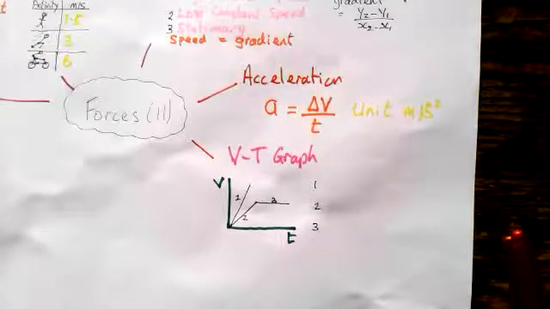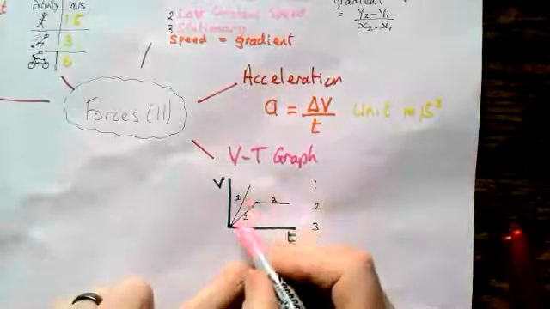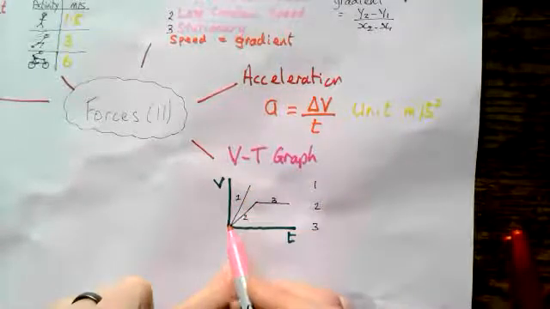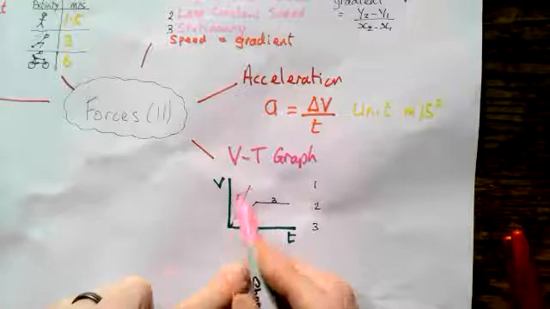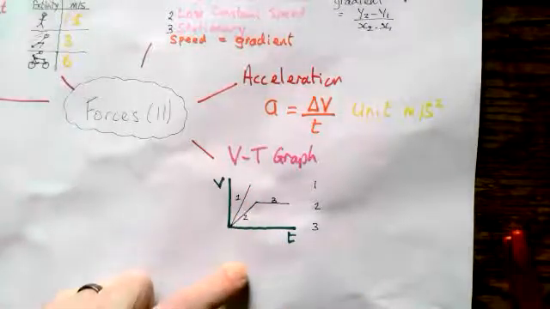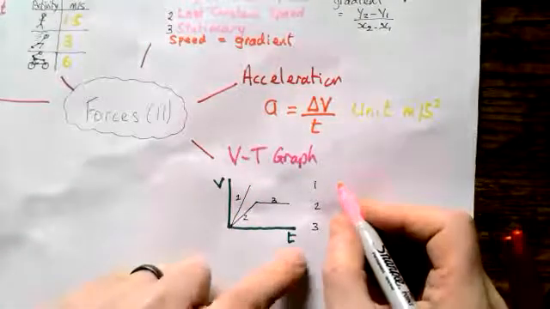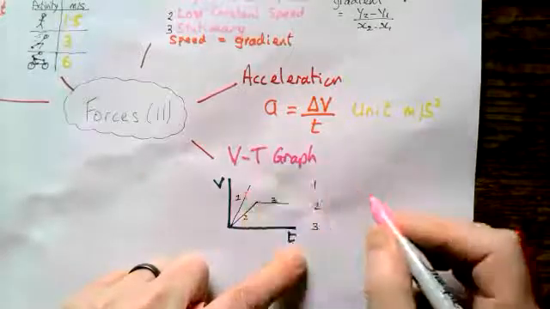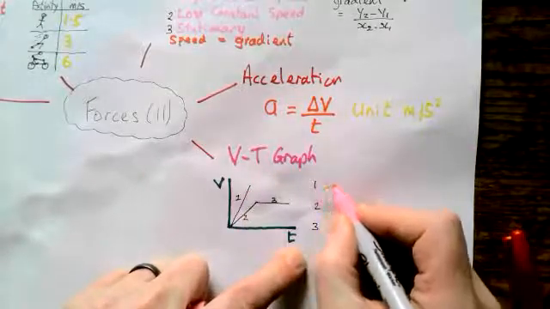The part that's 1 is a constant acceleration, because we're changing the speed at a constant rate, and that's what acceleration is, changing the speed. So this one is a higher constant acceleration.